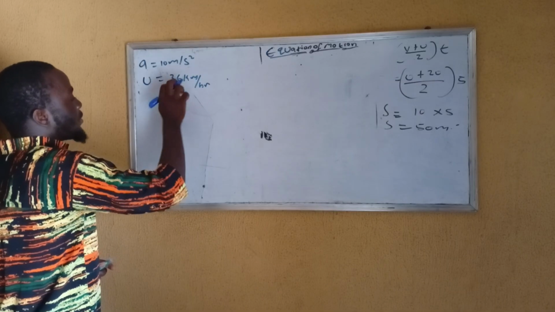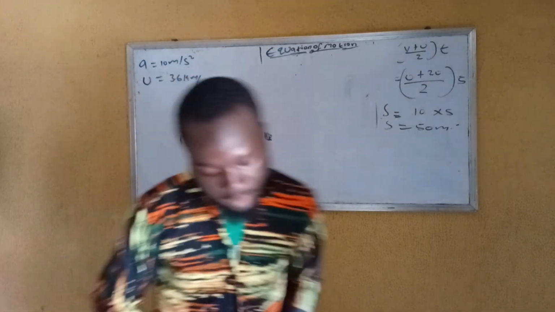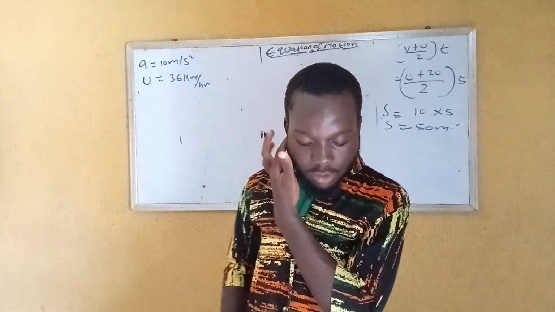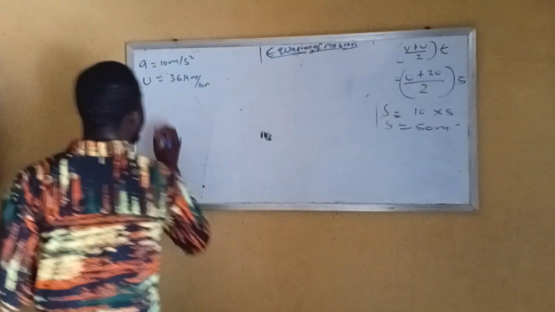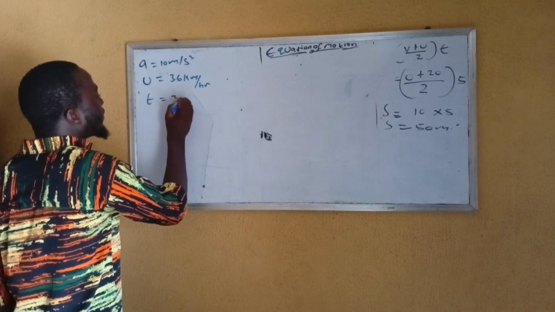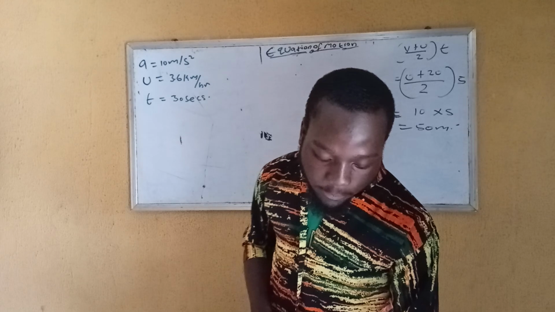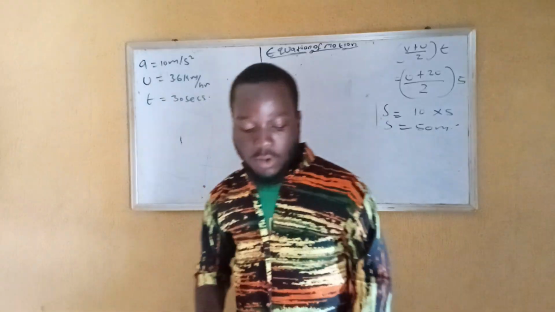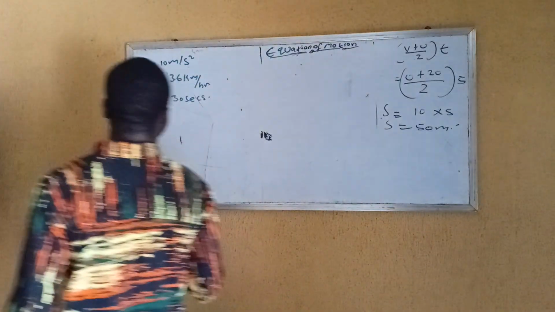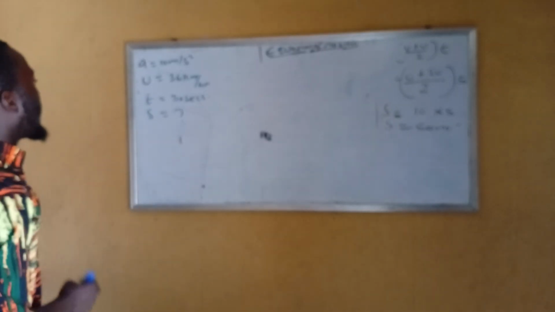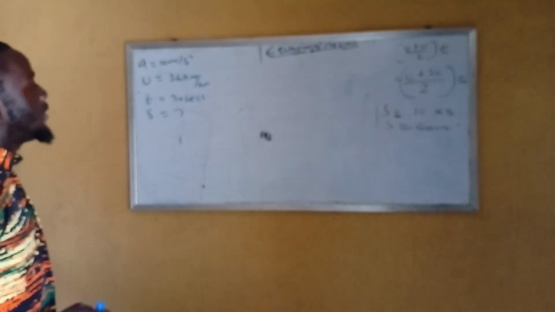Don't forget, you have to convert it back to meter per second. For 30 seconds, your time is 30 seconds. So we now have to find the distance covered during this period. You have to find your S. You are given A, U and T, you have to find your S.